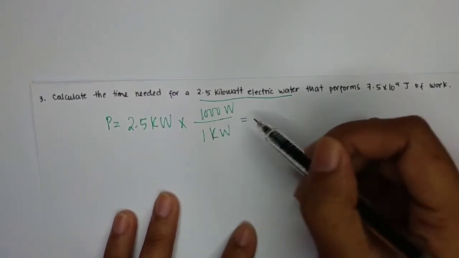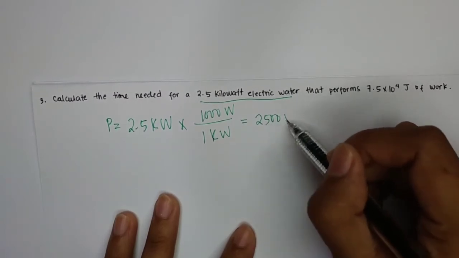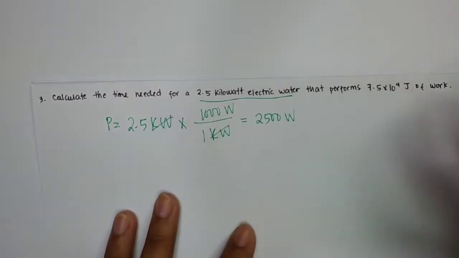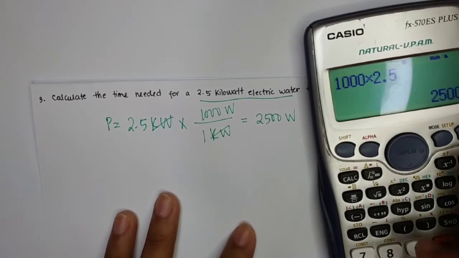The kilowatts cancel out. 1,000 times 2.5 is 2,500 watts.